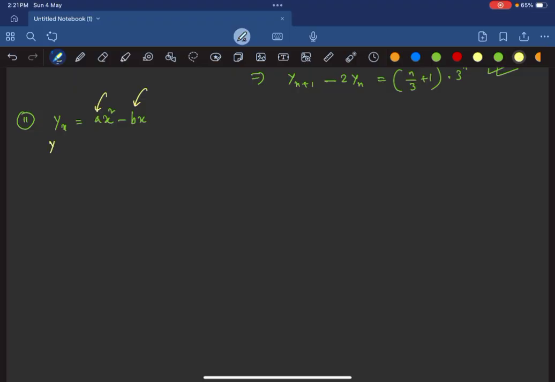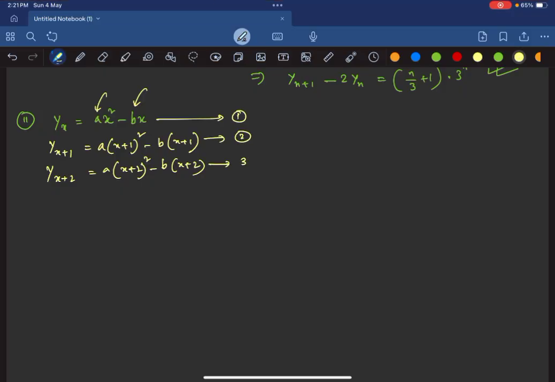So in that case the first work will be to write y_{x+1}, that is a (x+1) square minus b (x+1), and y_{x+2}, that is a (x+2) square minus b (x+2). So we have this equation. Suppose this is equation number 1, this is equation number 2, and this is equation number 3. So from these three equations we need to eliminate a and b.